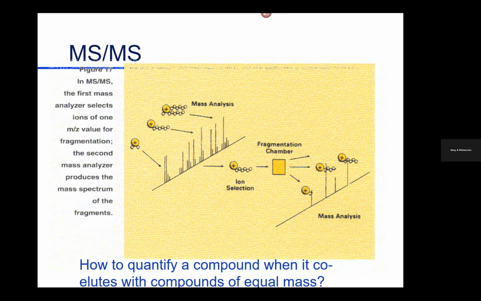How do you quantify a compound when it coelutes with compounds of equal mass? In that case, you are taking spectra, and you don't have to isolate, you don't have to separate two compounds. You can isolate the spectrum for one compound, isolate the spectrum from another compound, and simply monitor those ions as it goes along and draw your separation or your peaks and peak areas.